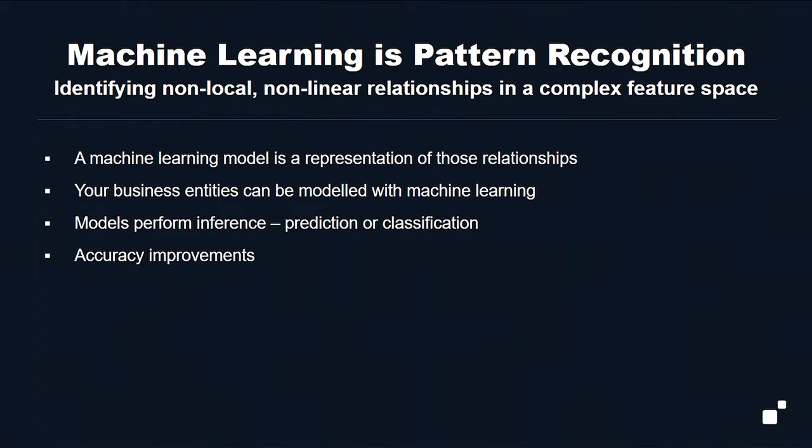So when it does prediction, changes to one of those features or attributes could predict a future state of that entity. For classification, if you introduce a brand new entity to your system, from what it's learned by looking at historical data, it can classify that new entity based on its features.